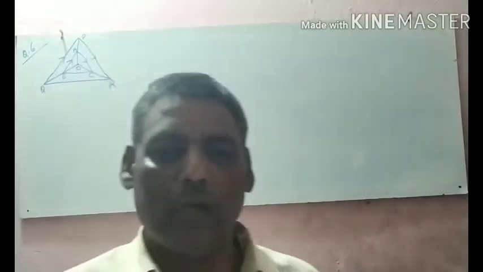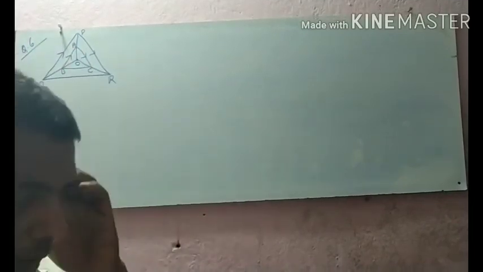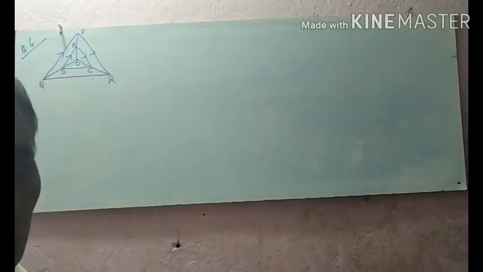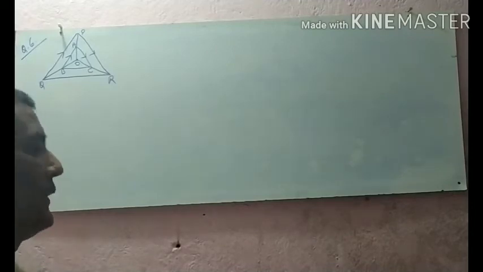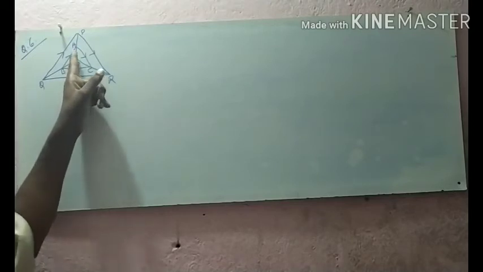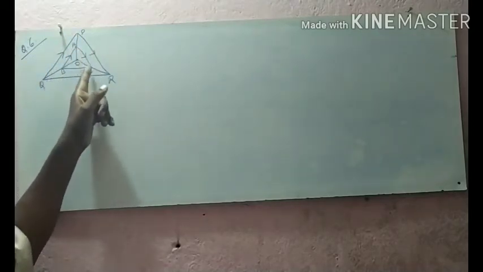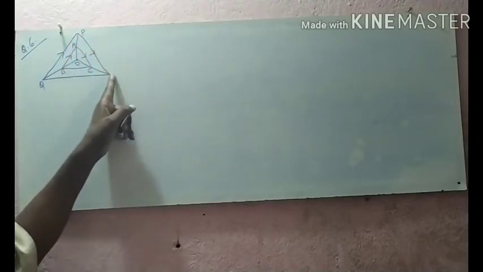Now we are going to solve question number 6 of exercise 6.2 NCERT. According to the given figure, AB is parallel to PQ and AC is parallel to PR.